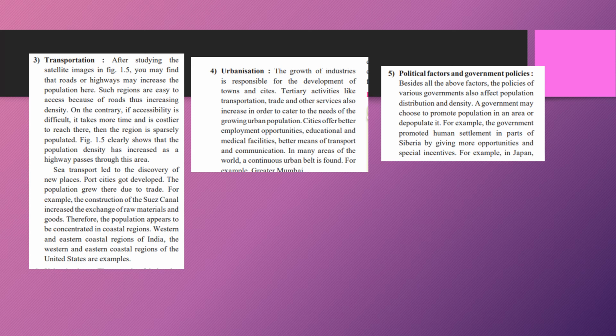Figure 1.3 clearly shows that the population density has increased wherever highways pass through an area. Sea transport led to the discovery of new places. Port cities got developed. The population grew there due to trade. For example, the construction of the Suez Canal increased the exchange of raw materials and goods. Therefore, the population appeared to be concentrated in coastal regions.